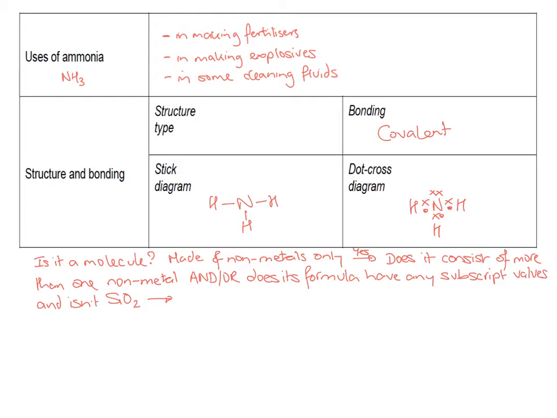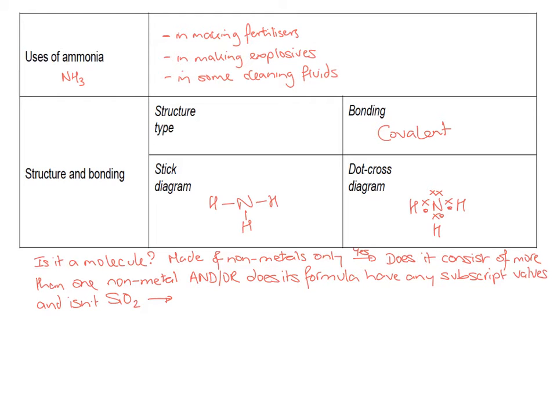We then consider whether that substance consists of more than one non-metal, which it does. It's got nitrogen and hydrogen. Or we could consider whether its formula has any subscript values, which means the little numbers below the line. Subscript means below the line. It's NH3 with a little 3 as a subscript.